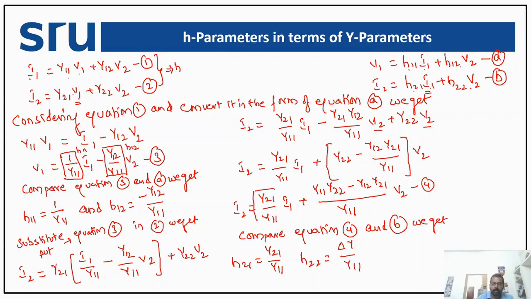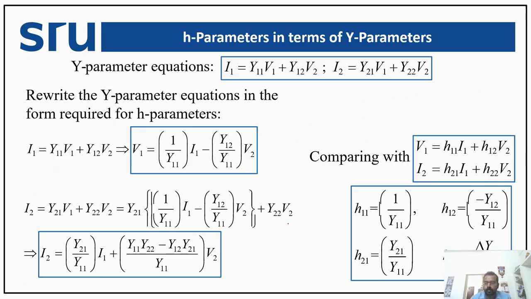So this is my H21 and this is my H22. So in this way we convert H parameters in terms of Y parameters. With this, we shall stop our lecture for today and we shall continue the same conversion in the next lecture. Thank you.